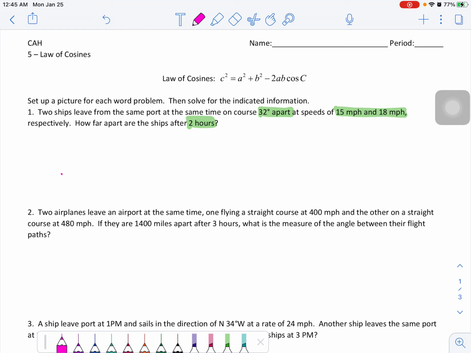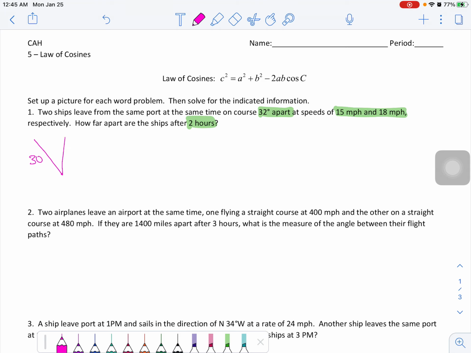Okay, so let's say this is port, one ship is heading this direction. Now, it says one ship is traveling 15 miles per hour and the other is traveling 18 miles per hour. It's been 2 hours. So one ship, if we take 15 miles per hour times 2 hours, has covered 30 miles.